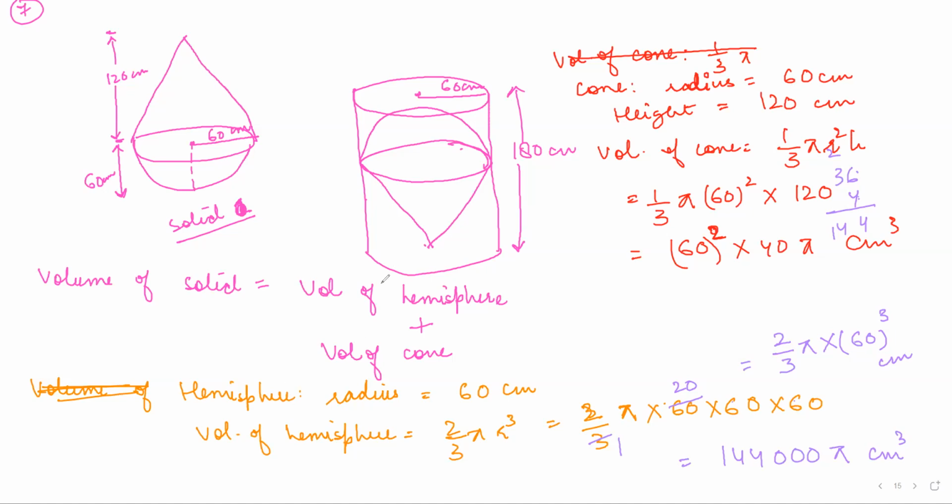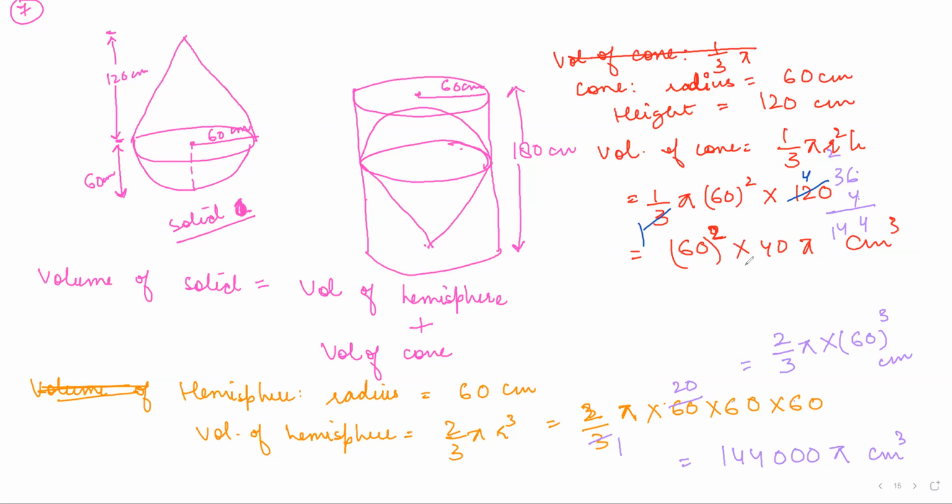First of all, the volume of cone, let us check. That is 1 upon 3 pi into 60 square into 120, right? So that is okay. So 3 into 1 and 3 into 4, clear?